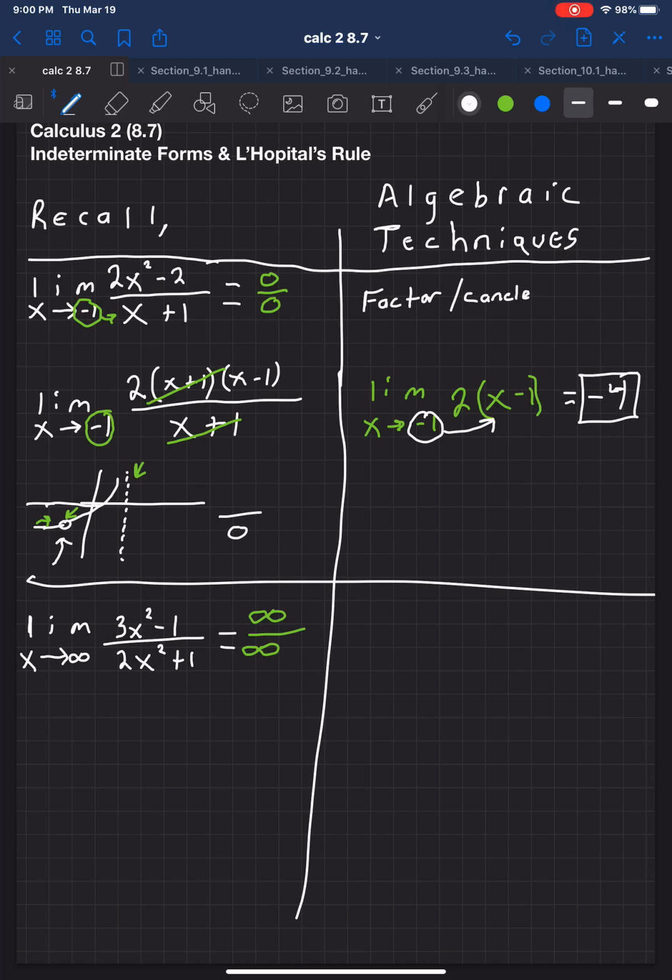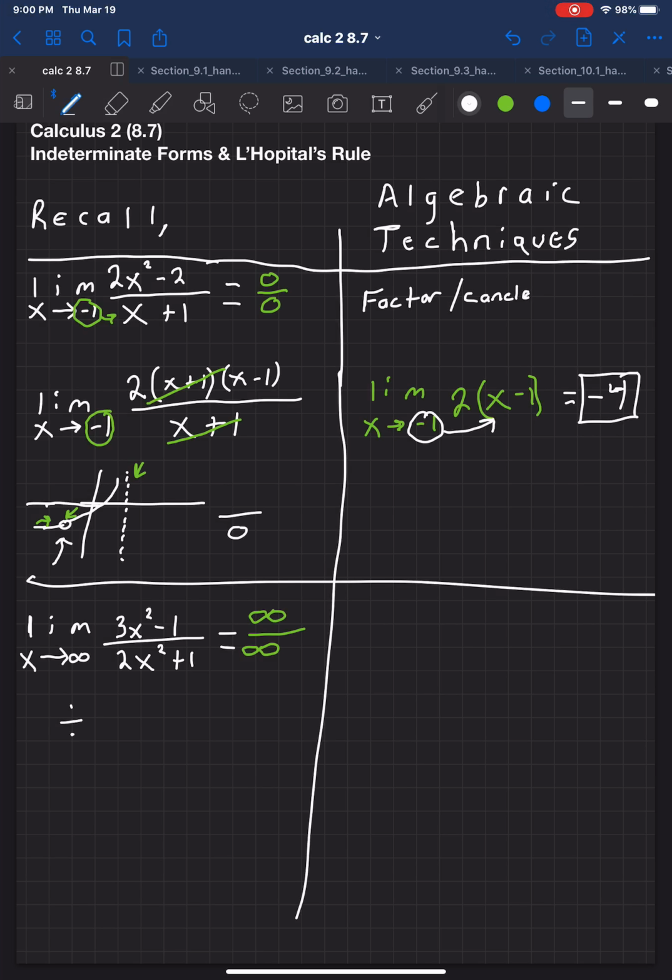So there are different ways of approaching this, but one of the methods you probably learned was to divide every term in the numerator and every term in the denominator, so divide both the numerator and the denominator by the highest power in the denominator.